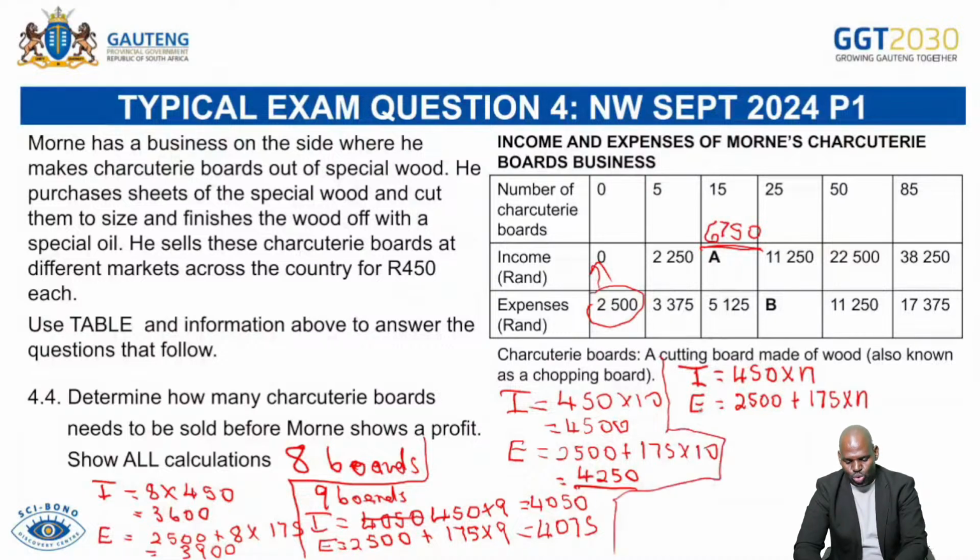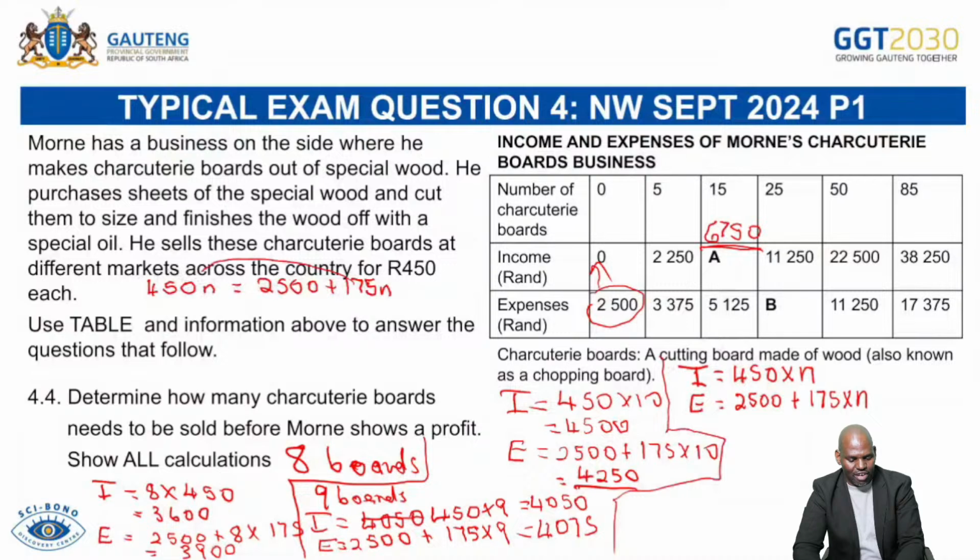So I'm going to say 450n equals 2,500 plus 175n.